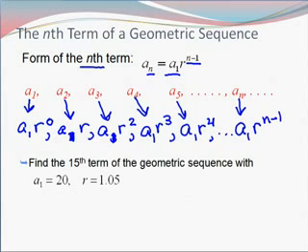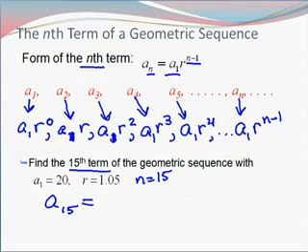So let's try and find the 15th term of the geometric sequence with a1 equal to 20 and r equal to 1.05. So we want a sub 15, we're plugging in n equal to 15.